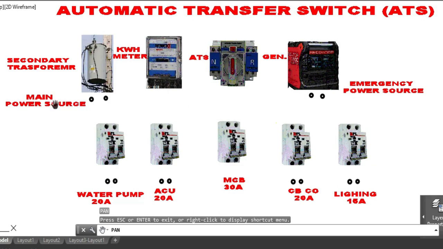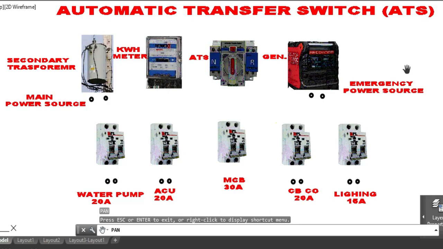If the main power source is shut down, the selector of the switch will go back to the center position. Once you start the generator and generate the emergency power and feed it to the ATS, this switch will automatically select the generator side. Then the power will be distributed to the main circuit breakers.